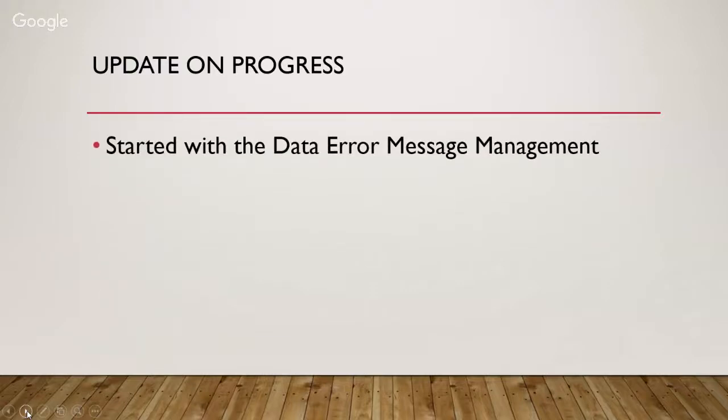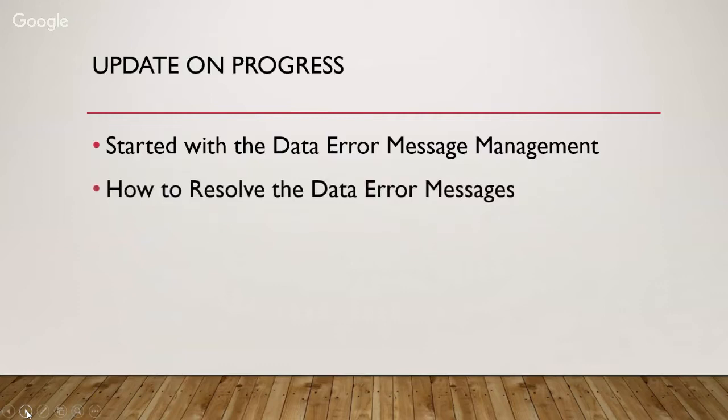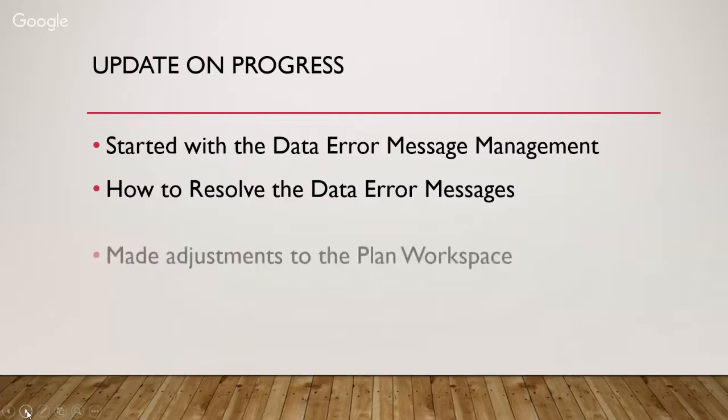I started with a data error report management that I have blogged about. That's where I started. And again, when I looked at how I was going to resolve those data error messages, I knew that I had to find a record, and I was going to do it in the people workspace, the person view.